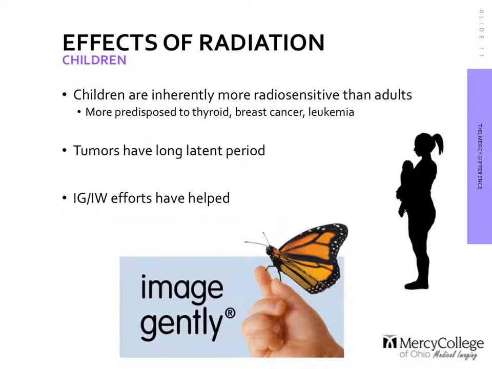So now at this point, you should all know Image Gently, a very great organization that I've had the privilege to do some work with on their Back to Basics CR and DR digital radiography campaign.